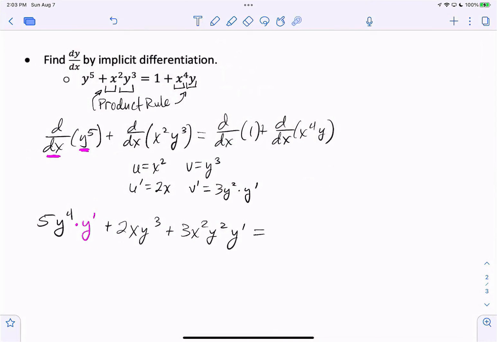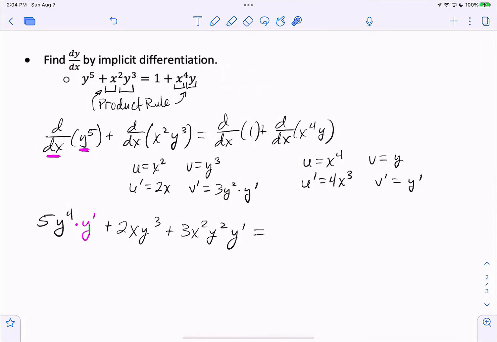On the right-hand side, the derivative with respect to x of 1 is 0, so we're not going to write anything for that. And then d dx, we have here x to the fourth times y. We're going to use the product rule again. u is equal to x to the fourth, v is equal to y. So u prime is equal to 4x cubed, and then v prime is equal to the derivative of y with respect to x.